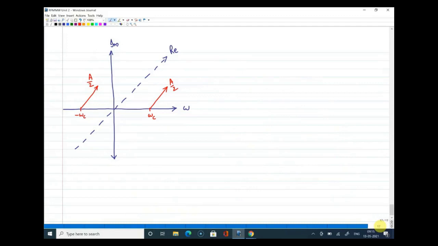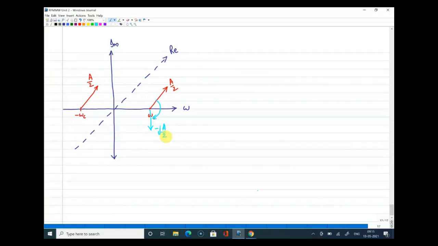That means the component which is now available at omega c got shifted clockwise, and the new component has an amplitude of minus j a by 2.